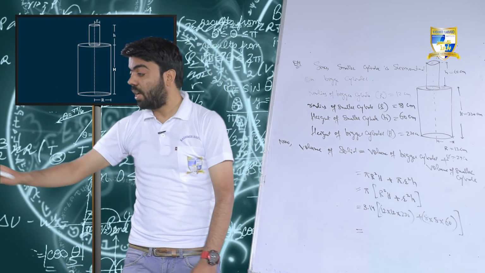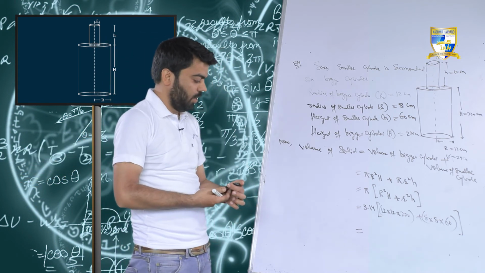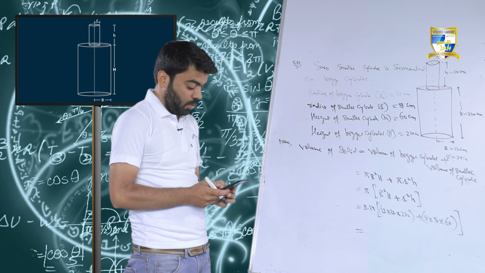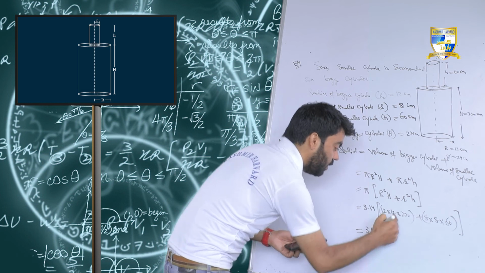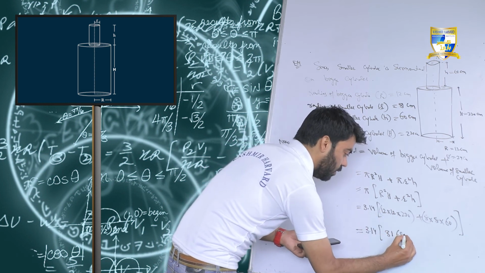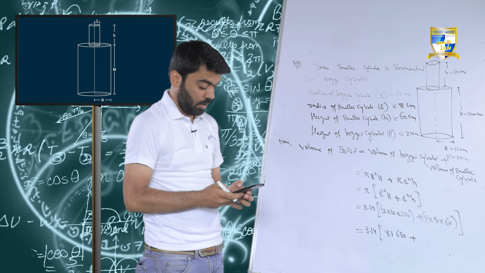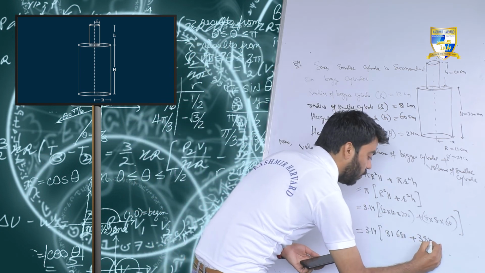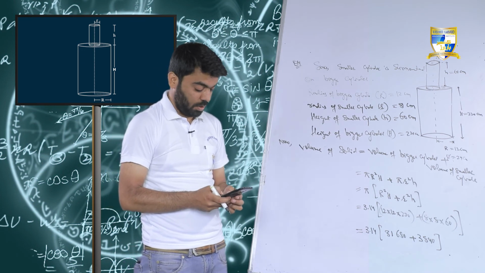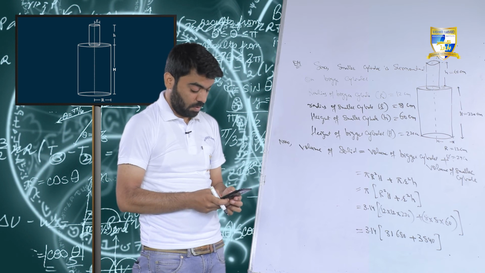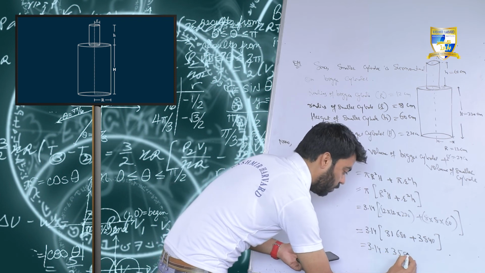So what is the value? I will tell you. I can use the calculator here. We write 12 multiplied by 12 multiplied by 220, which is 31680, plus 8 multiplied by 8 multiplied by 60, which is 3840. Then 31680 plus 3840 is 35520.